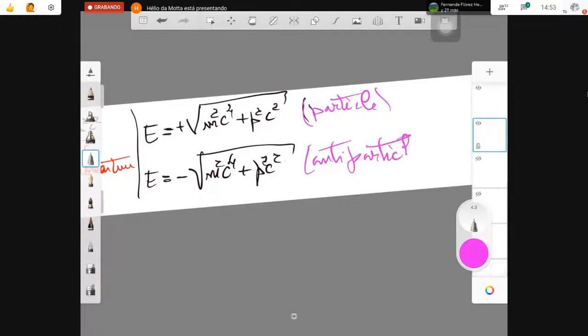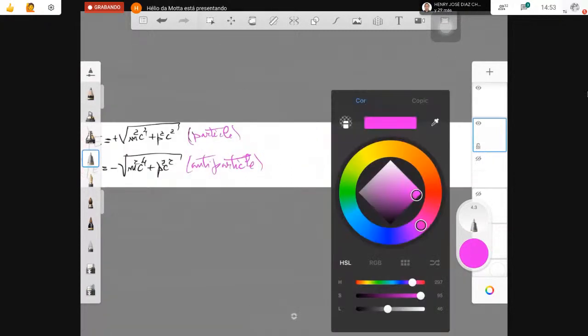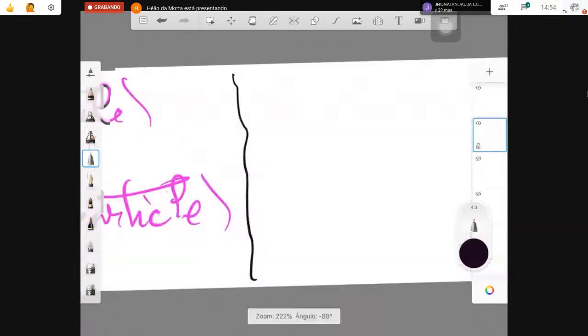Okay, particle and anti-particle. So then, putting all this together, let's put all this together in one simple form.